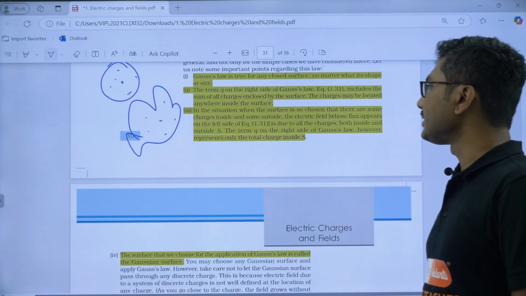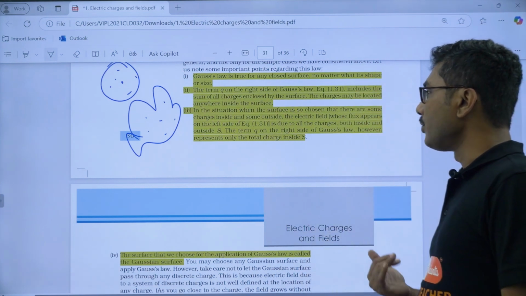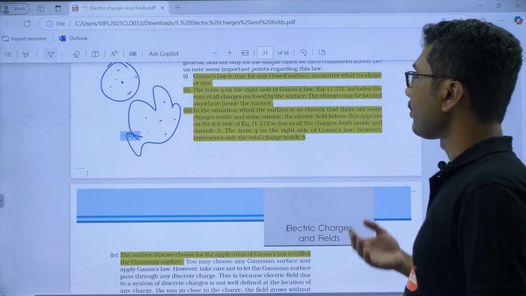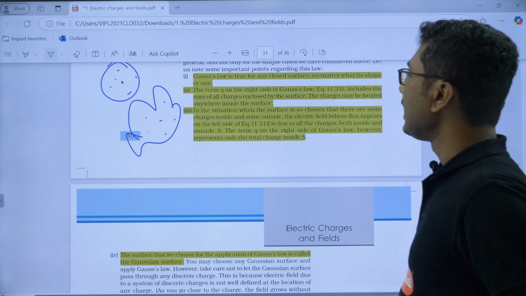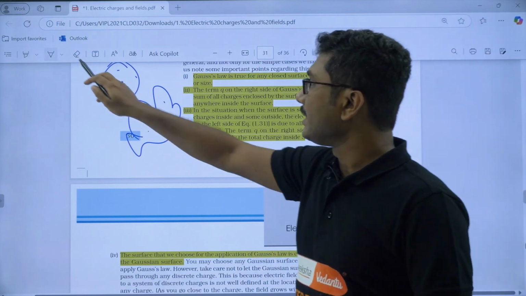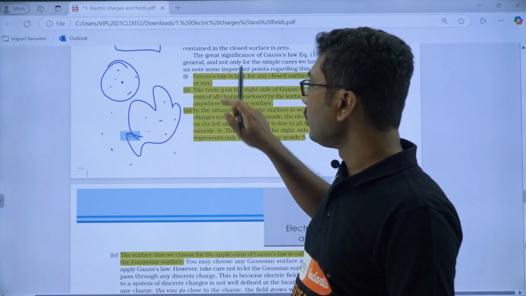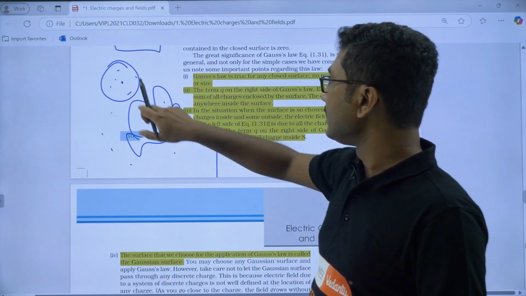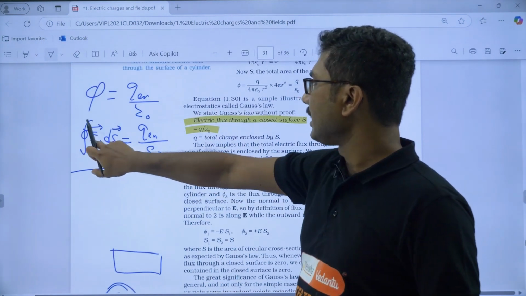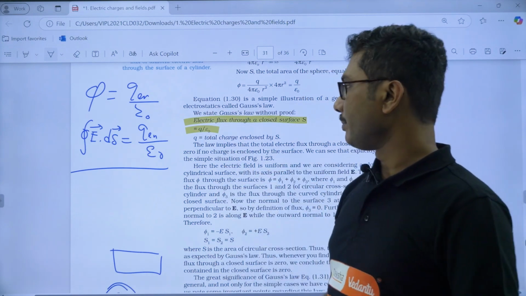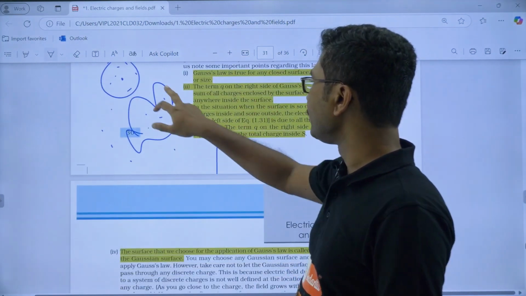In a situation when the surface is so chosen that there are some charges inside and some outside, the electric field whose flux appears on the left hand side is due to all the charges, both inside and outside S. Suppose some charges are inside and some charges are outside. The electric field we have mentioned here is due to all the charges, but the Q enclosed is only for the charges which are inside.